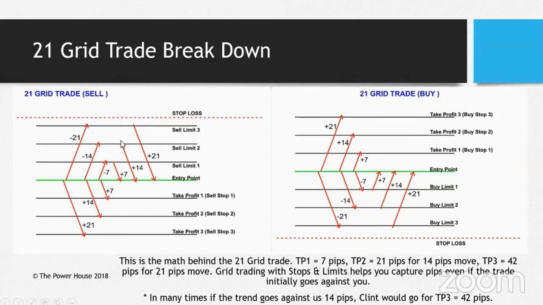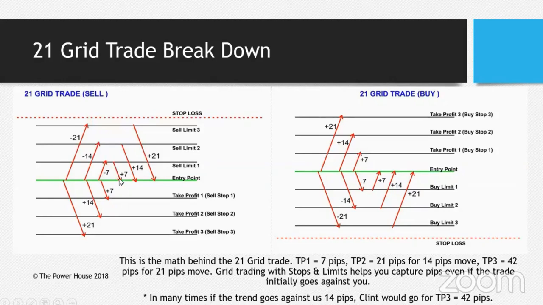Originally, it's called 21 grid trade because we are going for 21 pips in a 14 pips move. Now, what happens if the trend is going against us? We went short, but the trend is actually moving up. Let's say it moves 7 pips against us. It moves up here. It's going 7 pips negative. Let's say it turns around somewhere over here.